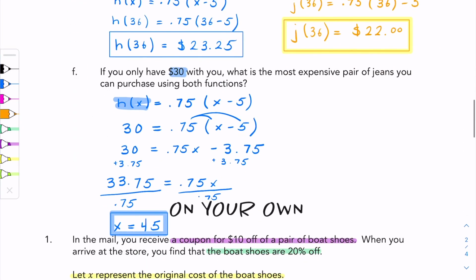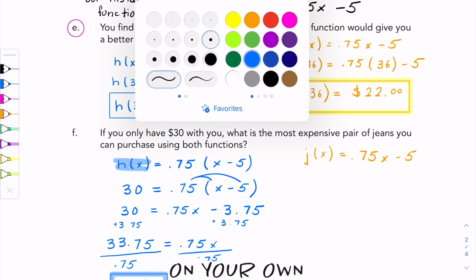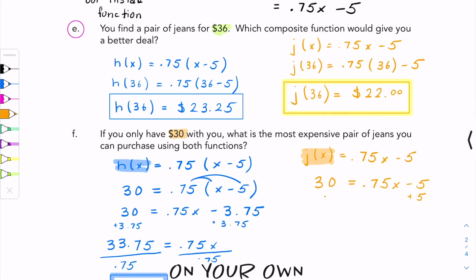All right, next we need to do the same thing with the j of x function. The j of x function applies the store discount first, followed by the mail coupon. We're going to replace the entire function, so the answer of the function, with $30. Solve for x.